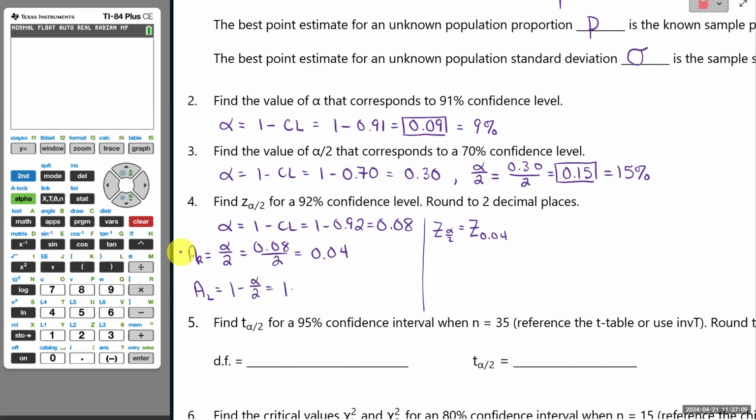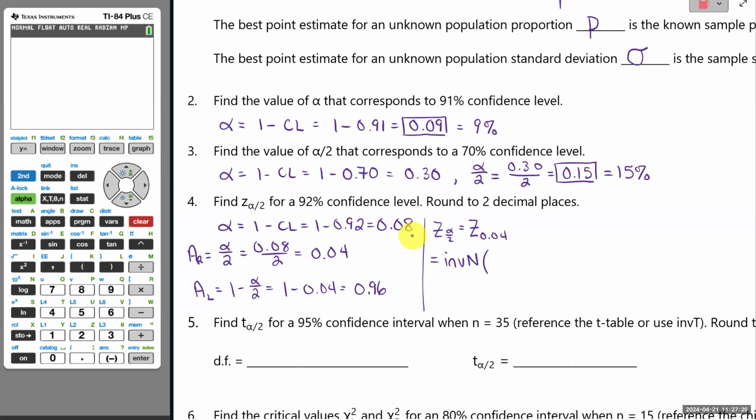So that's why we take 1 minus our alpha over 2 value. And that's 0.96. All right, so we can find z alpha over 2 by using inverse norm for normal.